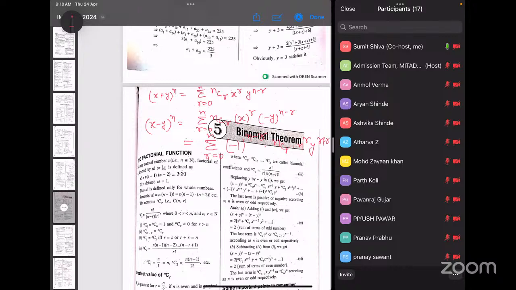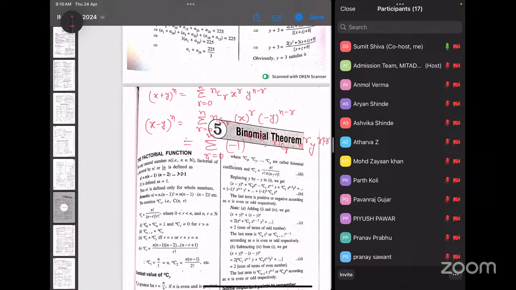In other words, if the power is odd, the sign will be negative, and if it is even, the sign will be positive. Sorry, if the value of r is even, the sign will be positive.